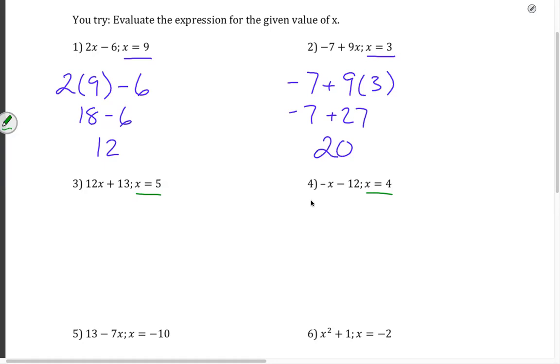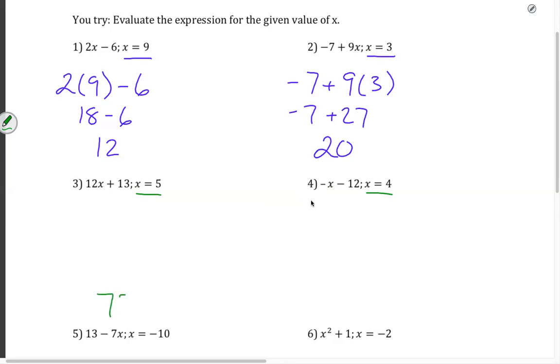All right, Delaney, what did you get for number 3? 73. All right, what about Jack? I got 73 for number 3.